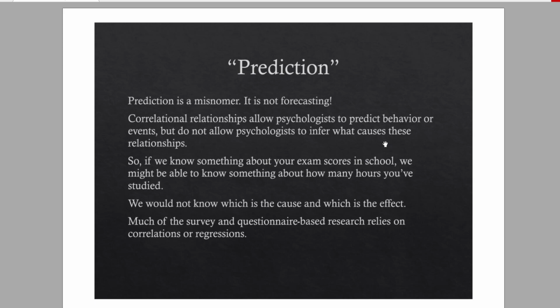Correlational relationships allow psychologists to predict behavior or events. Basically, if I know your level of depression, I might know your level of learned helplessness. Only because we've done this study with thousands of people, and people with a score of 24, on average, have a helplessness score of this. That's all it does.